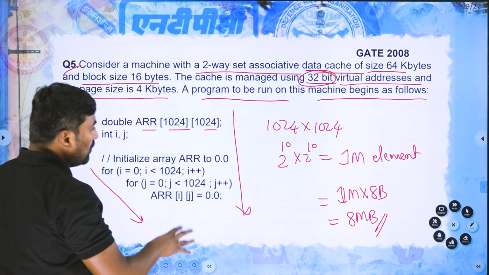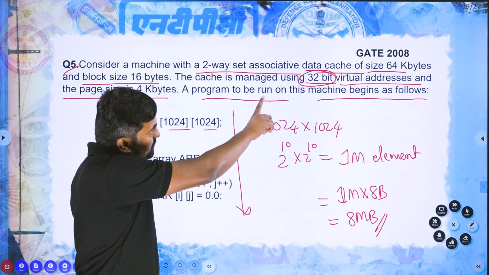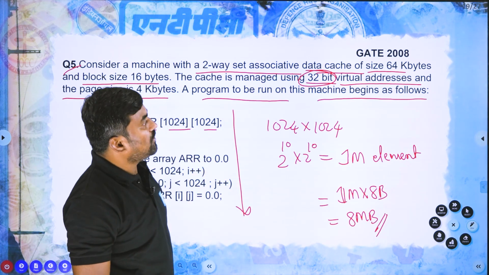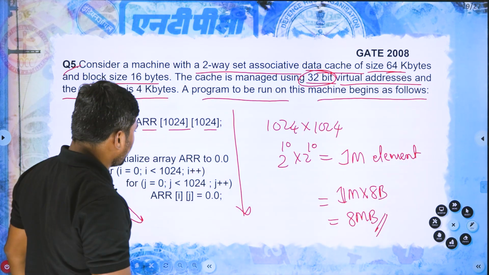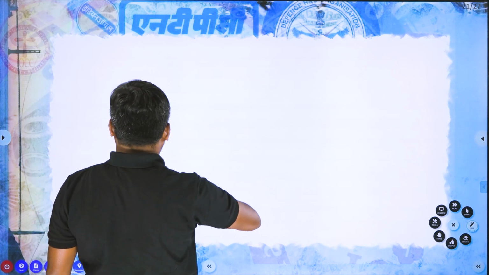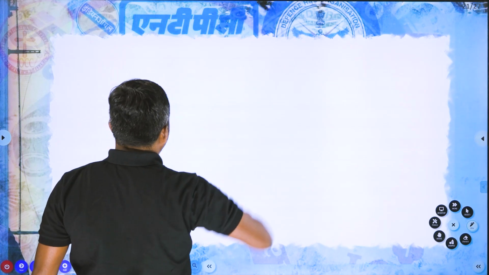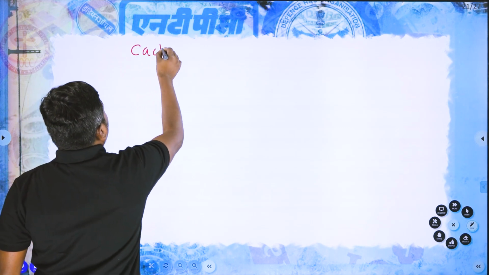Fine. So now the first thing, we got the program size and the address. The cache size is 64 kilobytes, and two-way set associative. This information we have. So we'll go one by one. First, what is the cache size?